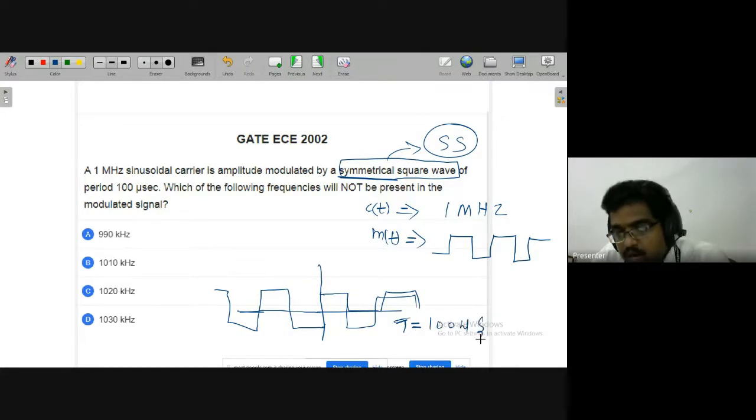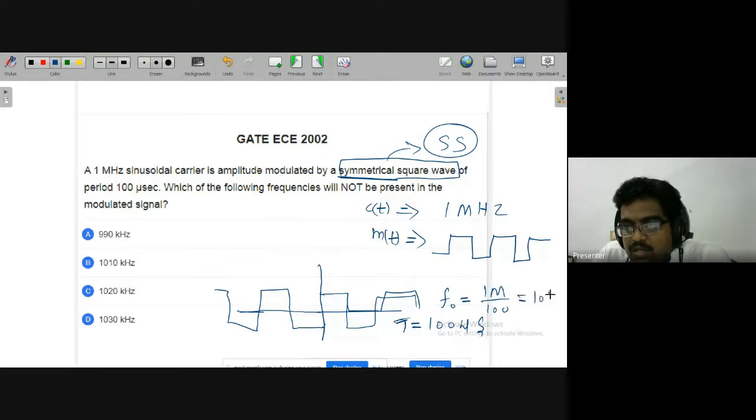You are given the period. Then what is the fundamental frequency in the signal? That is the reciprocal: 1 megahertz divided by 100. 1 megahertz is equal to 1000 kilohertz. So that means this is 10 kilohertz.